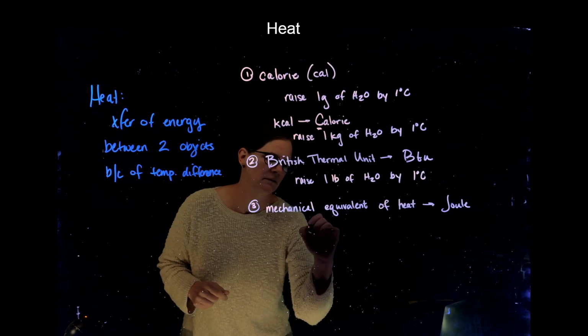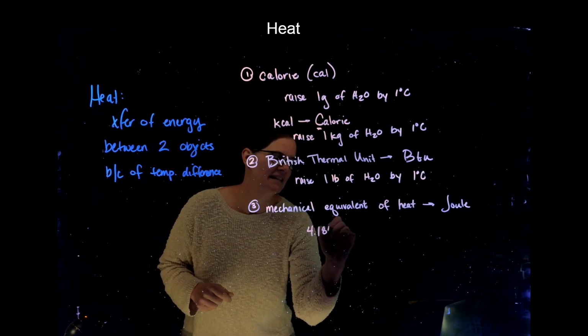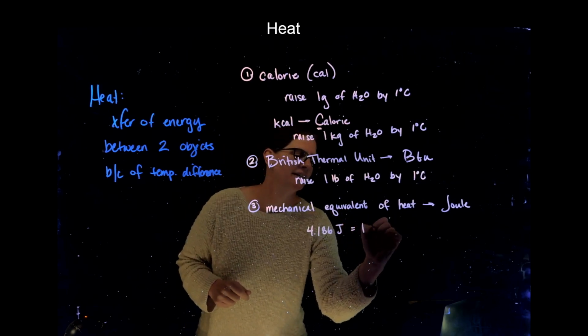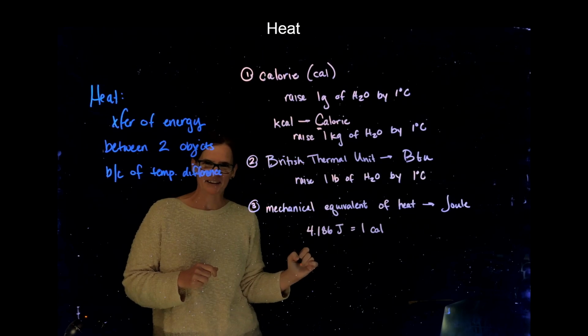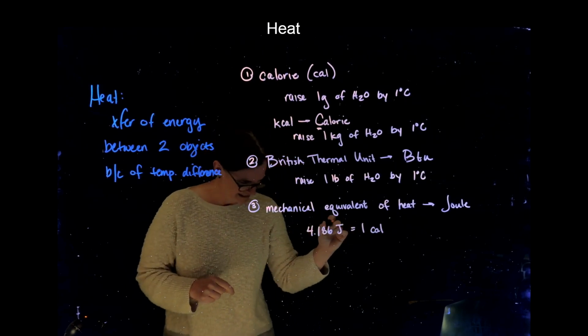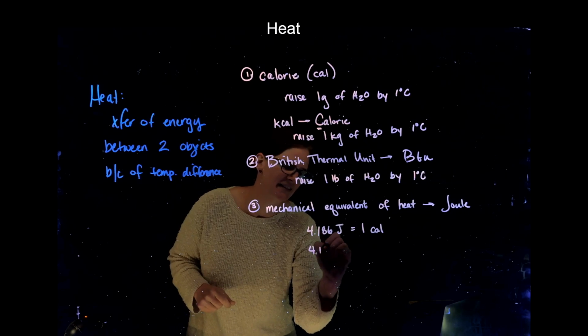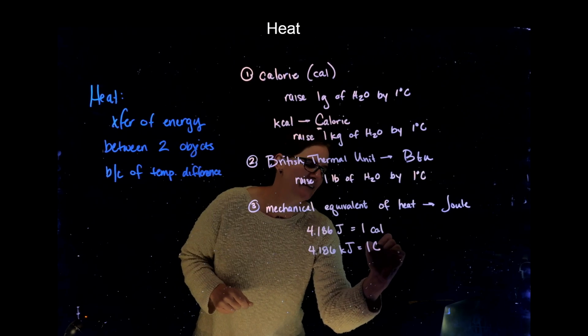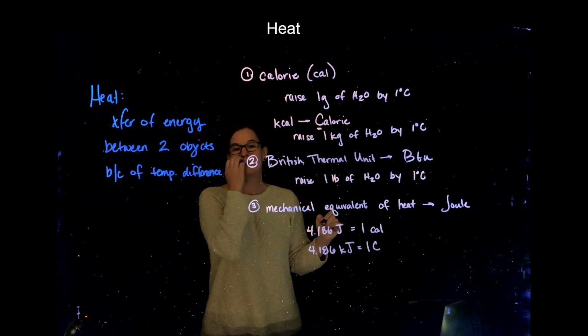Now, it takes 4.186 joules to equal 1 calorie, lowercase calorie, which is 4.186 kilojoules for 1 capital C, 1 kilocalorie.